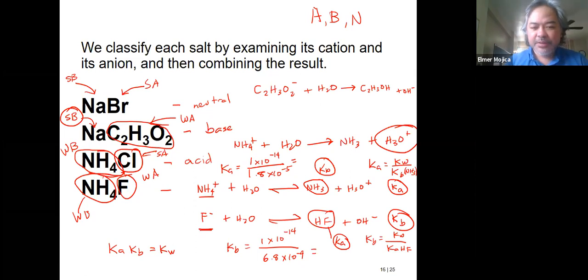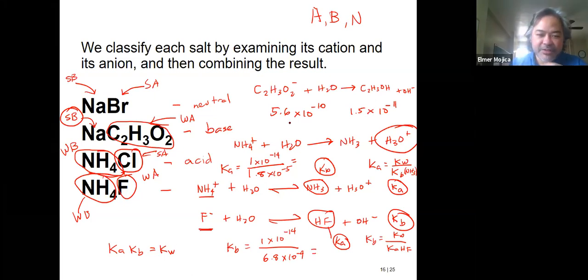So I have here 5.6 times 10 to the negative 10. While the other one is 1 exponent negative 14 divided by 6.8 exponent negative 4. So I have here 1.5 times 10 to the negative 11.